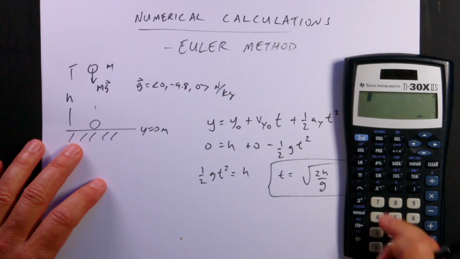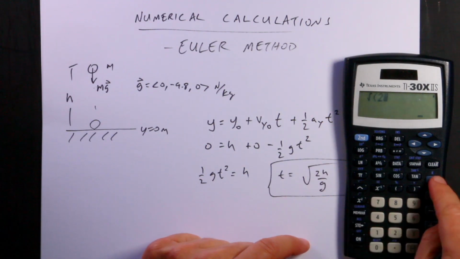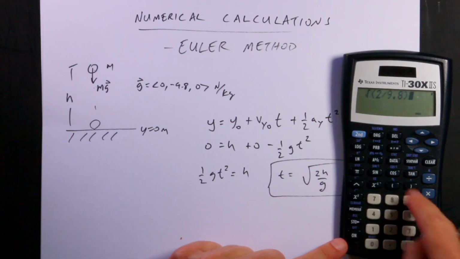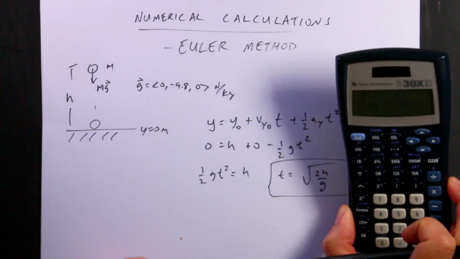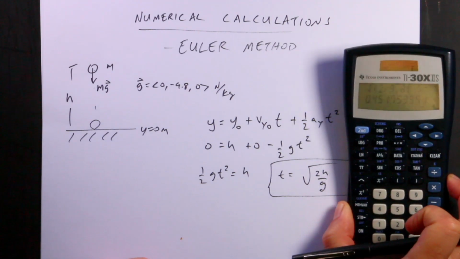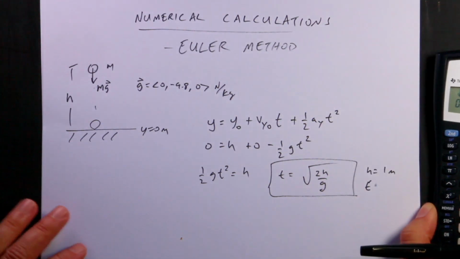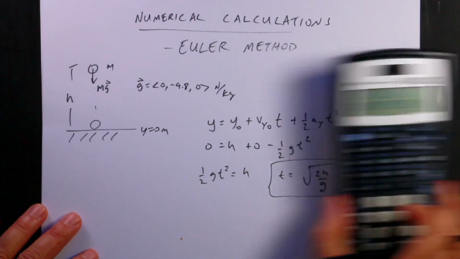Clear. Okay. Let's do this. Square root of 2 divided by 9.8 equals 0.4. That's not right. 0.45, half a second? Seems like it'd be longer than that, or shorter than that. Let's just see, 0.45 seconds. I'm not good with calculators.